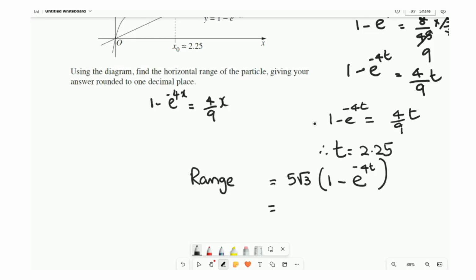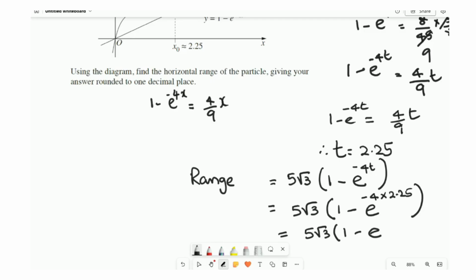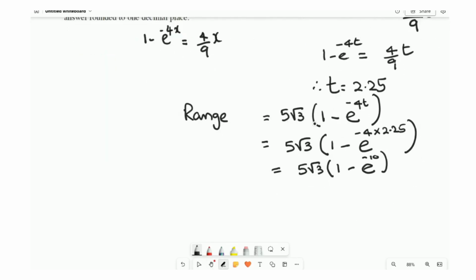Now the range is 5 square root of 3, 1 minus e to the power minus 4 times 2.25. When I simplify that, this is equal to 5 square root of 3, 1 minus e to the power minus 10. Now using the calculator we can simplify that one.